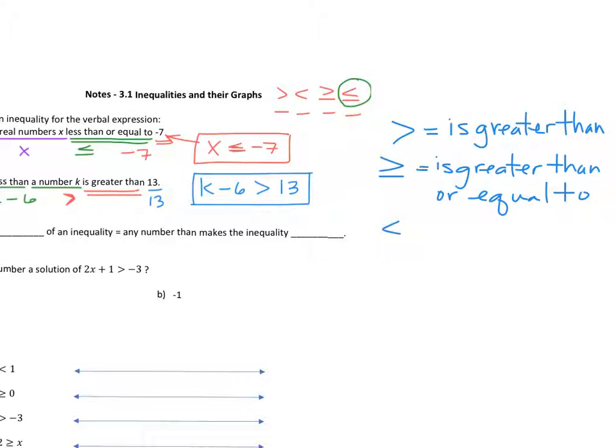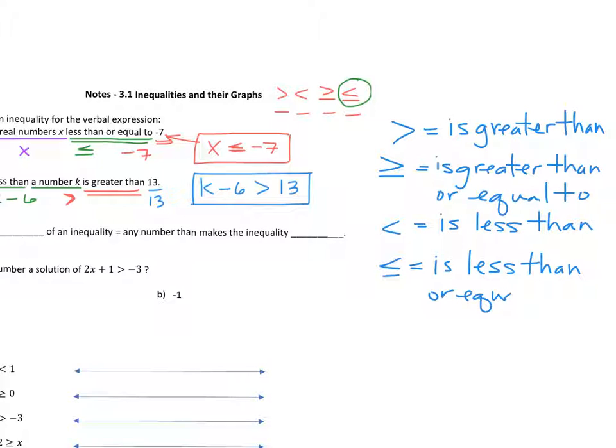Okay, this one, actually let's do less than first, is less than. And this one is less than or equal to. Okay, so those are the symbols. That's how they are said every single time. If it's facing that way, that is the way you say it.